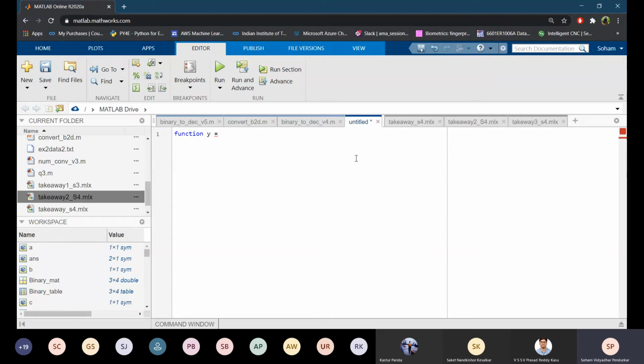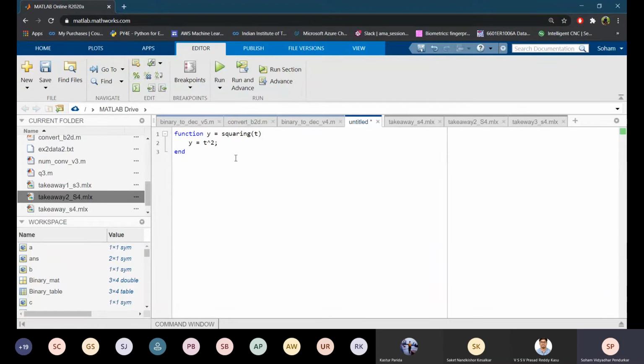I'll have to give a name to it, let's say squaring, and input some value of t. Then I'll create y equals t square, and that's it. So this is what I would have created for a function.